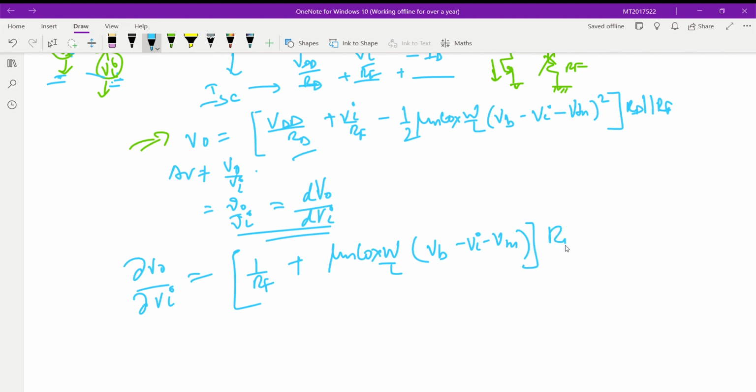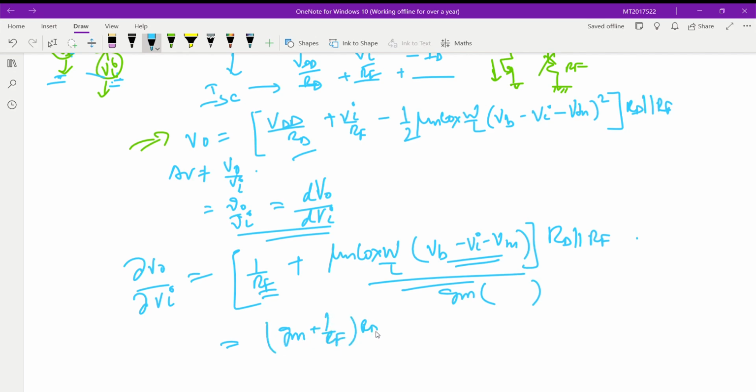RD parallel RF. This is gm, right? gm is something that depends on Vi also. So gm is also non-linear. This is the linear term, linearized term, right? So our answer is gm plus 1 by RF times RD parallel RF.